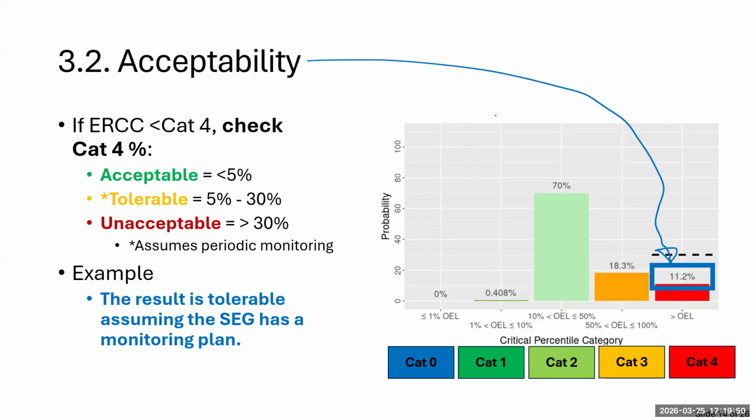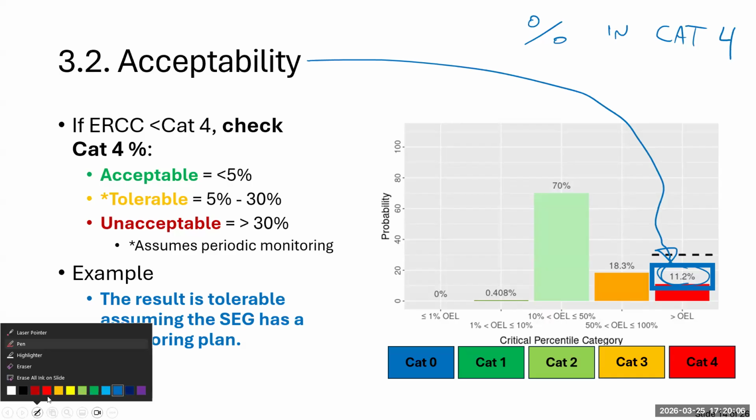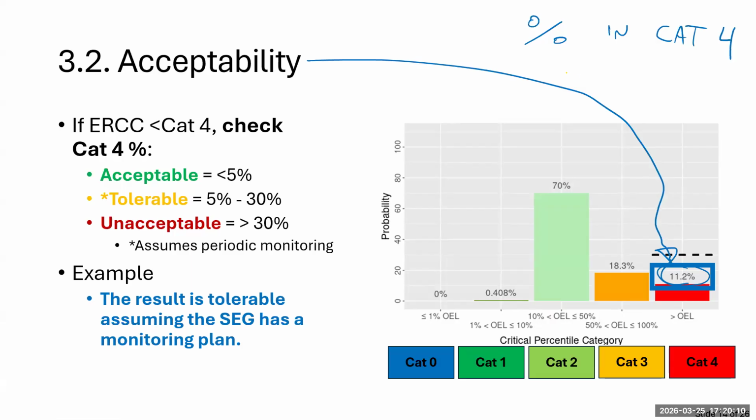The percent in category four, in my opinion, is probably number one, the most important, and that's what we're going to look at now. The number two most important, I think, is probably our exposure rating and control category, which is these down here.